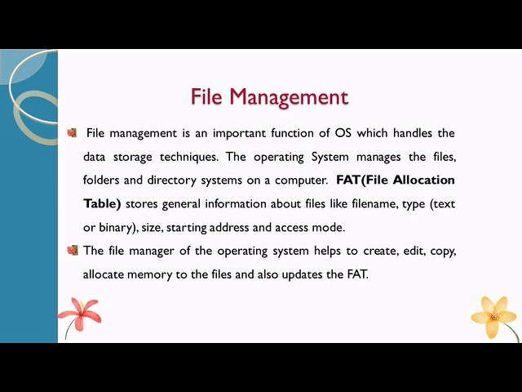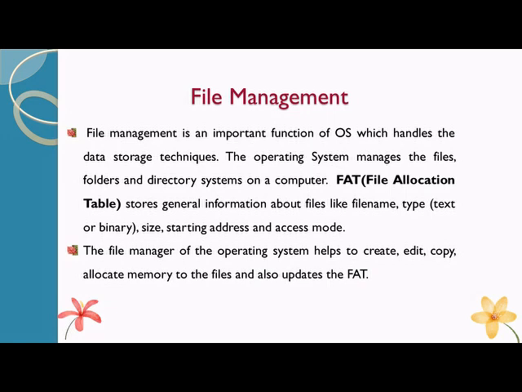The file manager of an operating system helps us to create, edit, copy, and allocate memory to the file, and also it updates the relevant information in the file allocation table. There are a few other file management techniques available.